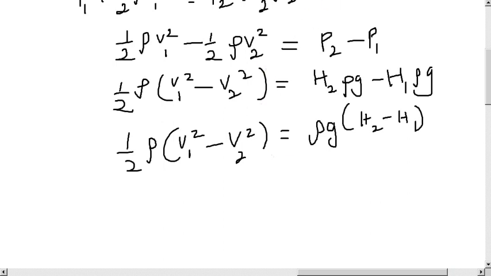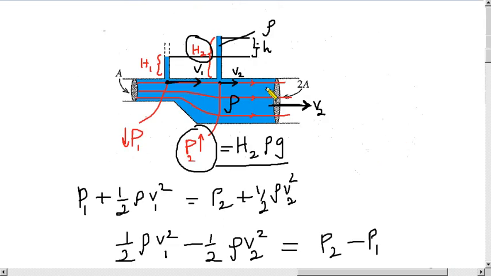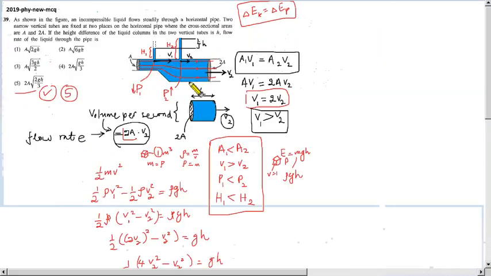So rho cancels, the same way rho cancels. Then instead of H2 minus H1, what can we write? You can see from the diagram, H2 minus H1 is the difference they have given, simple h. So we can use it.